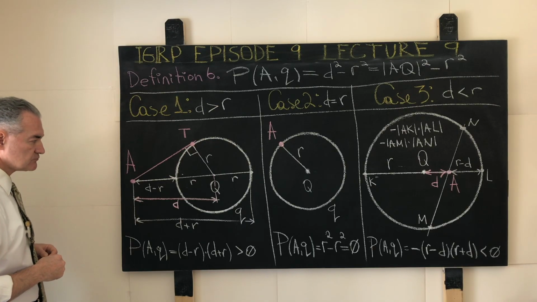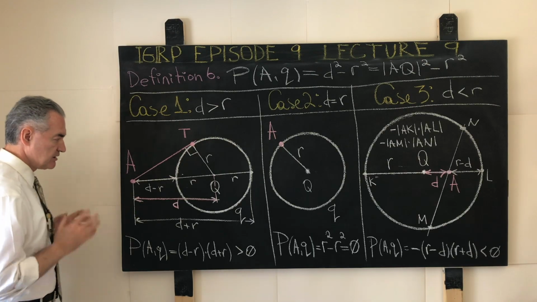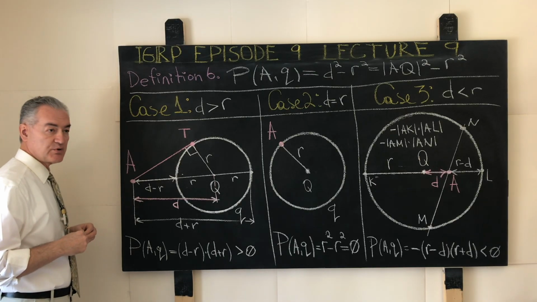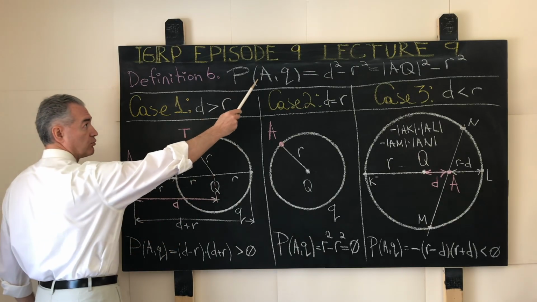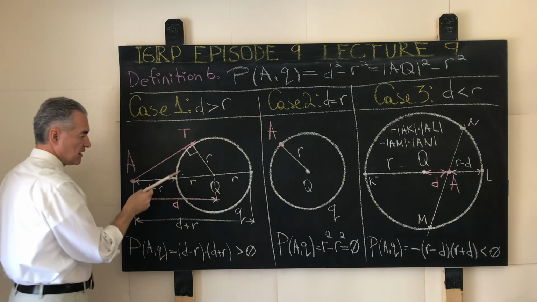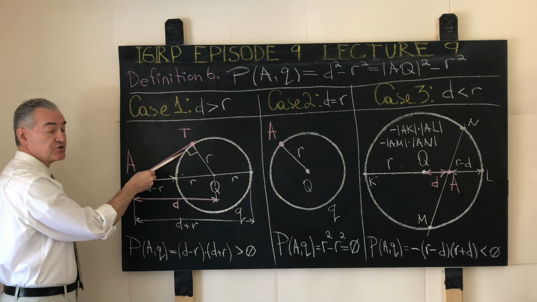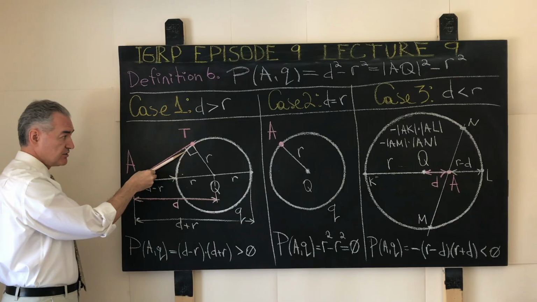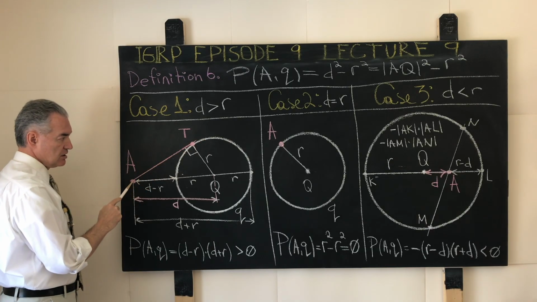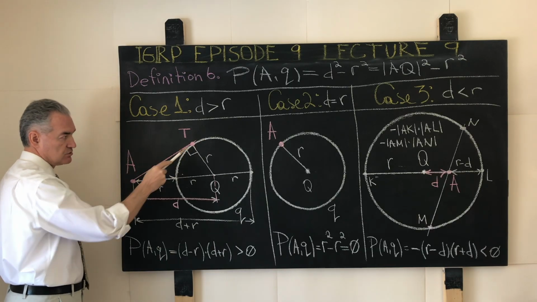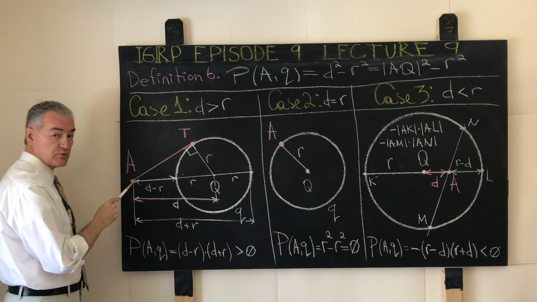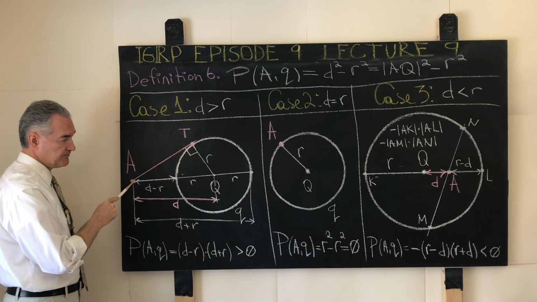And in this case, the geometric interpretation of the power of a point with respect to a circle comes out to be the square of the tangent drawn to the circle through the point that is located strictly outside of that circle.